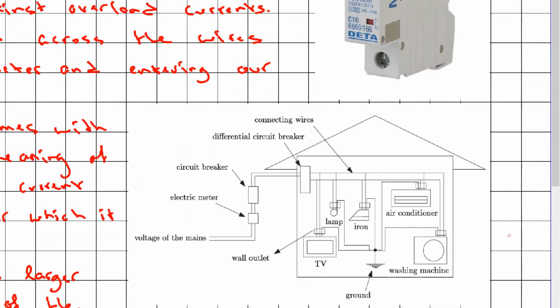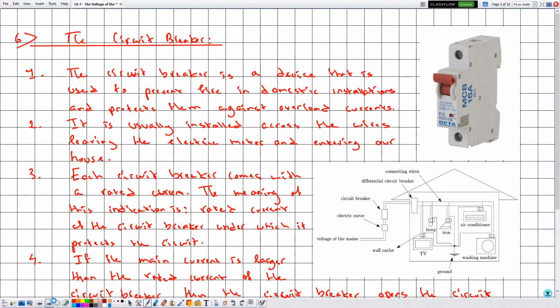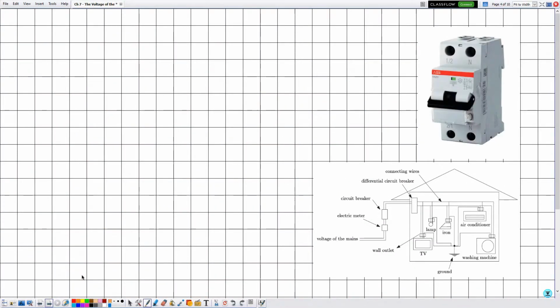Now we are done with the electric meter and circuit breaker. Now we are going to discuss the differential circuit breaker. Then idea number 7, the differential circuit breaker.